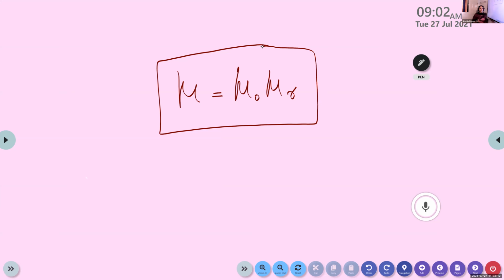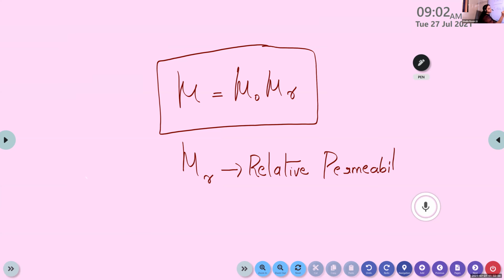Mu is equal to mu 0 mu r, where mu is the permeability of the medium, mu 0 is the permeability of free space, and mu r is called relative permeability.